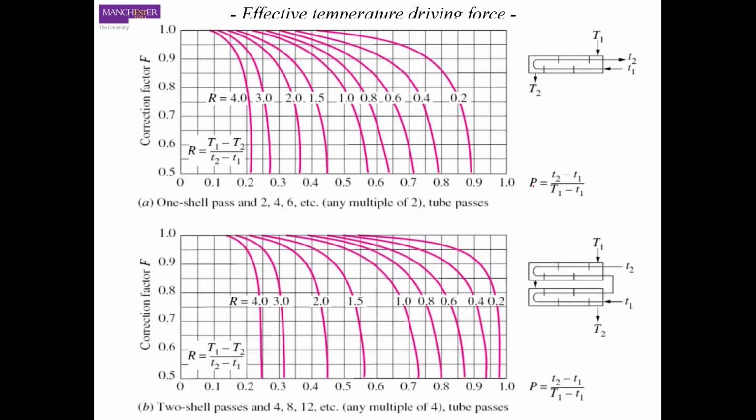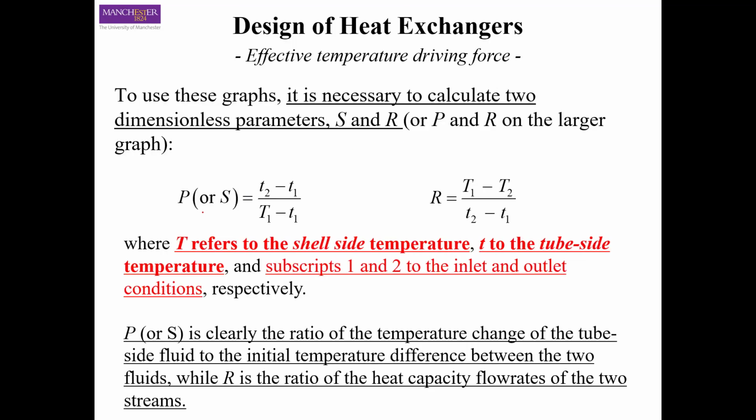P is the ratio of the temperature difference of the cold fluid to the maximum driving force in the system. Capital T is the shell side temperature and lowercase t is the tube side temperature. Subscript 1 is the inlet and subscript 2 is the outlet. So it is the temperature difference at the entrance and exit of the cold fluid divided by the maximum driving force available for the cold and hot streams.